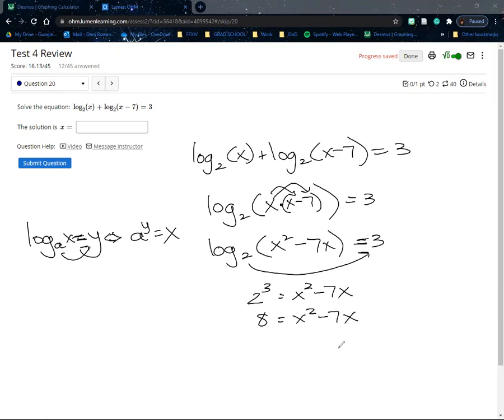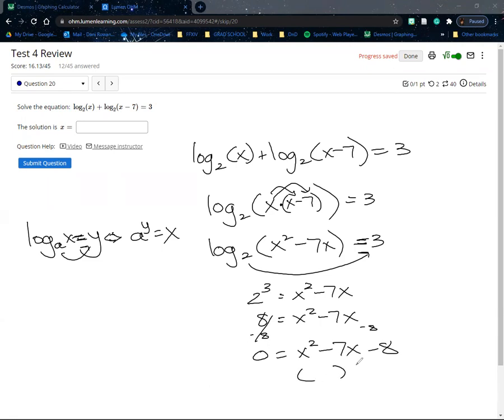Well, now we're just dealing with a quadratic, and we solve quadratics the way that we've always solved quadratics. We set everything equal to 0. We see if we can factor it. We use the quadratic formula if we need to. So we got x squared minus 7x, and we are subtracting 8 from both sides. So minus 8 equals 0.